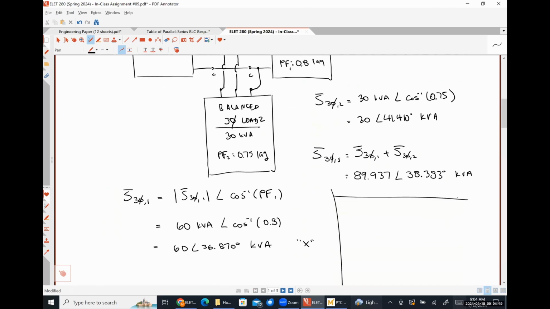So IL should just be the magnitude of S three phase comma S divided by root 3 VL. I get 249.641 amps RMS.